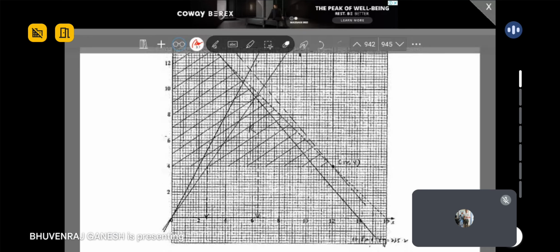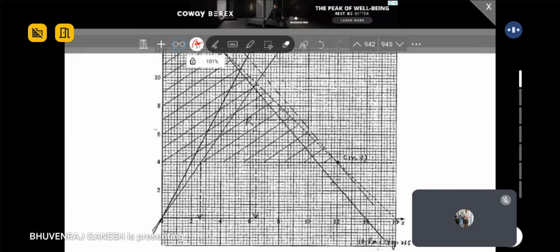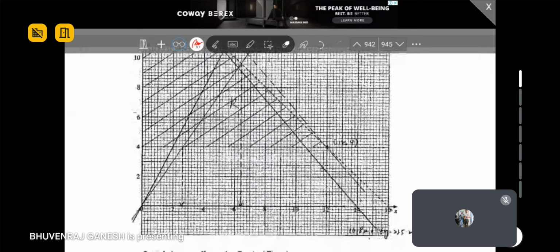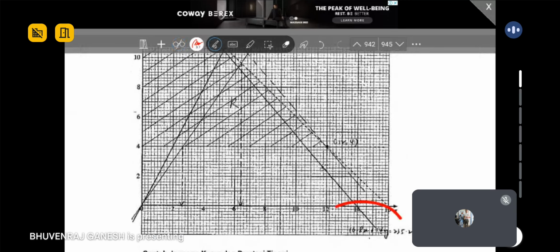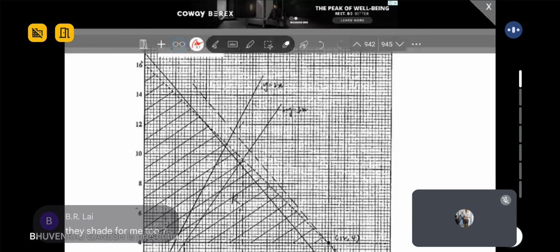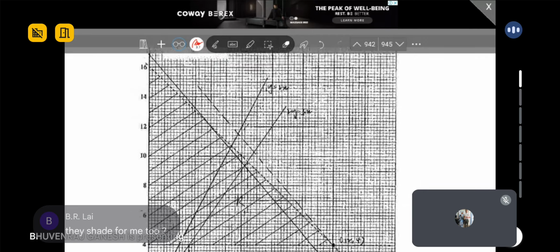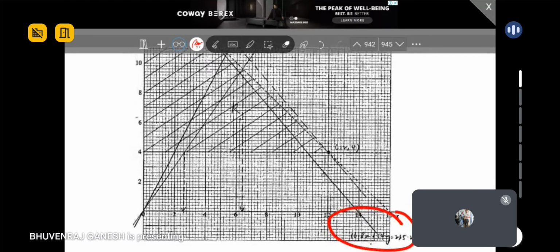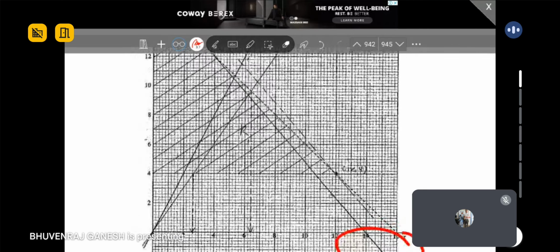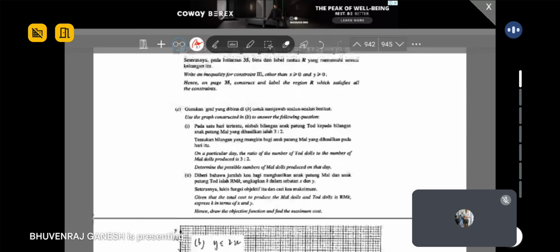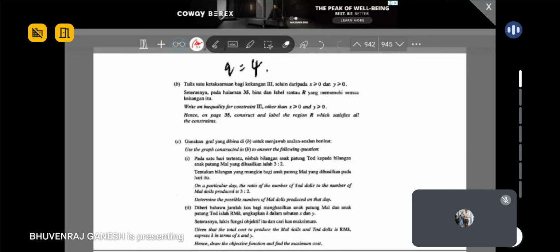The equation will be this one, if not mistaken. Yes, I think it's this line. So x plus y less than P, and you need to find your P value.